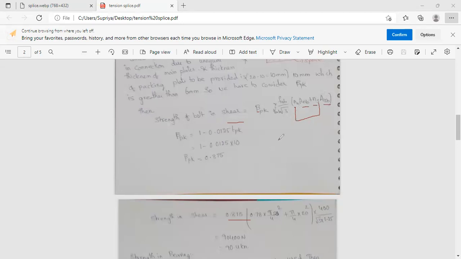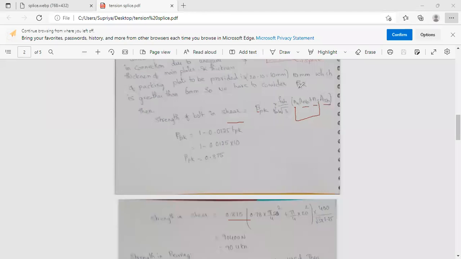Nn means what? Number of shear planes. And then Nn and Ns are the number of bolts which are intersecting with the threads and without threads.